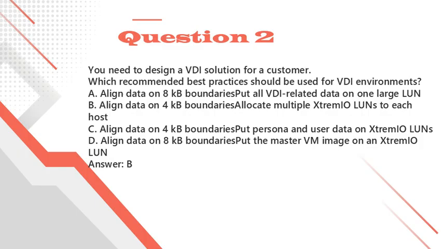Allocate multiple XtremIO LUNs to each host. C. Align data on 4 kilobytes boundaries. Put persona and user data on XtremIO LUNs. D. Align data on 8 kilobytes boundaries. Put the master VM image on an XtremIO LUN. Answer: B.